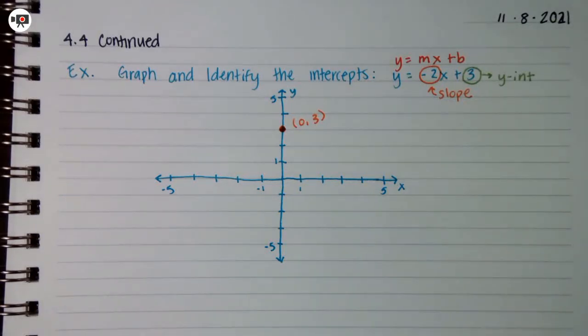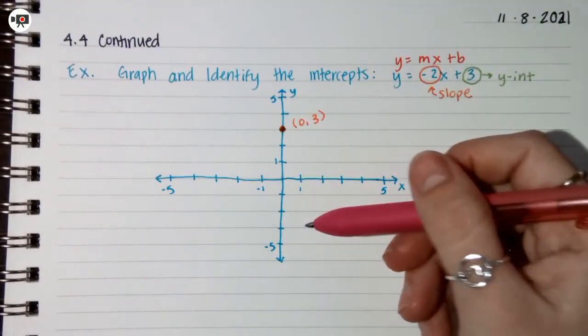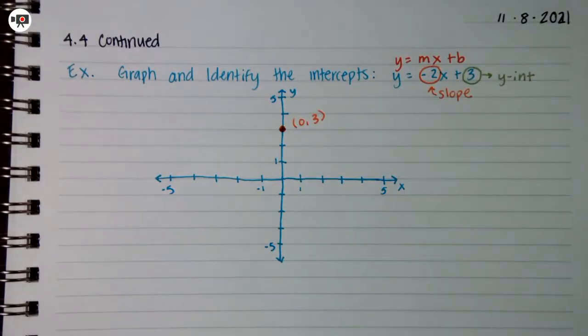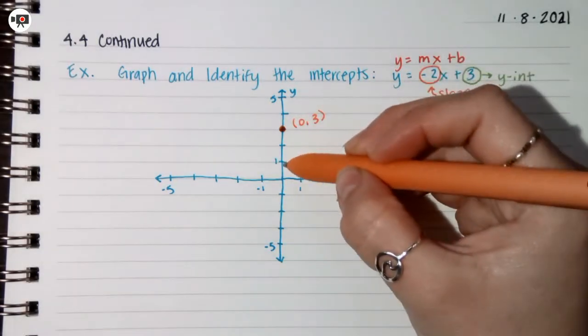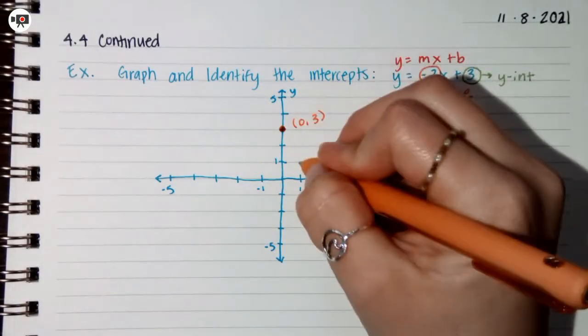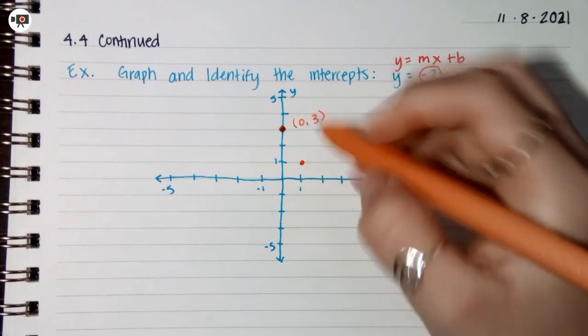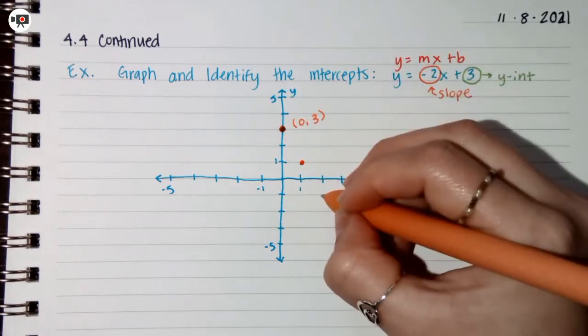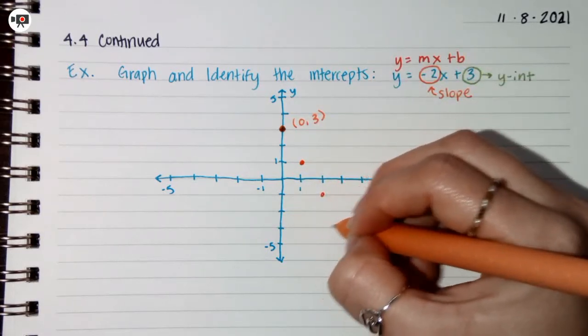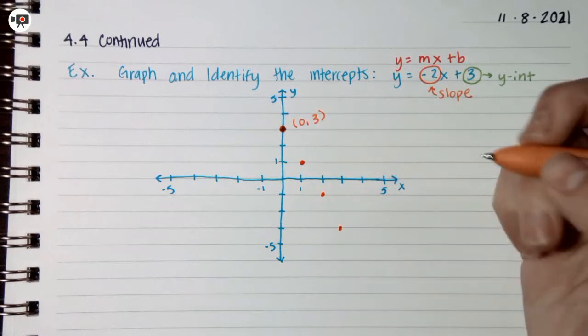Now my slope means that I go down 2 and to the right 1, because it's negative. So I move down in the y direction for negative. So I'm going to go down 2 to the right 1. Down 2 to the right 1. Like that.